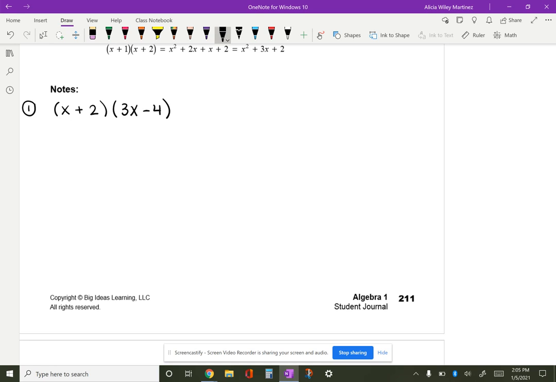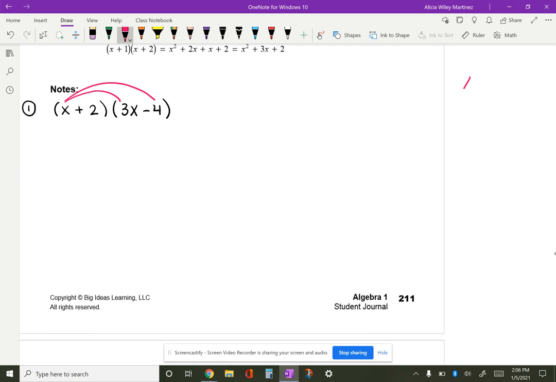Okay, so using that idea, I'm going to take the first term of my first binomial and distribute it to each term in the second binomial. So the idea of distributing, we know if we just had x times 3x minus 4, we would just do that multiplication, okay? We're going to have to do this distribution twice. We're going to do it for each term, okay? So I'm going to multiply x to 3x and x to negative 4.